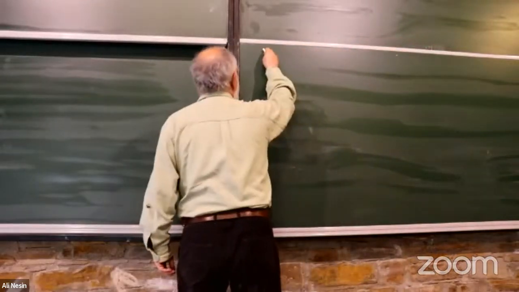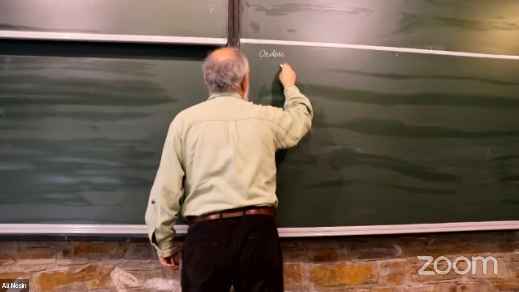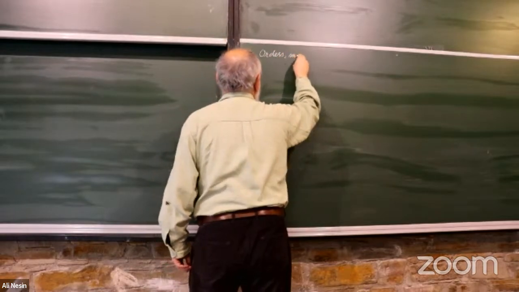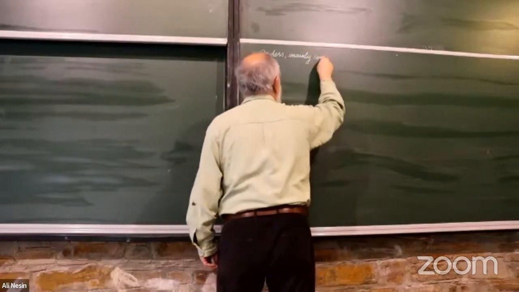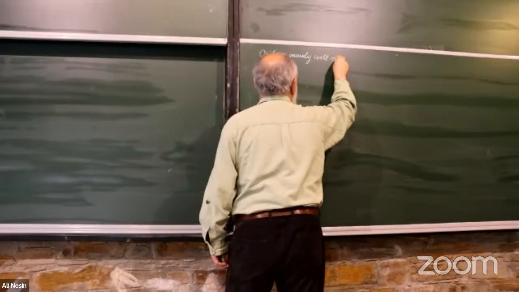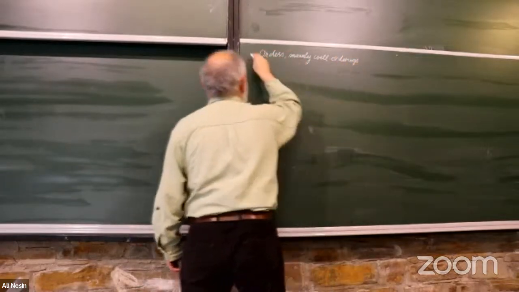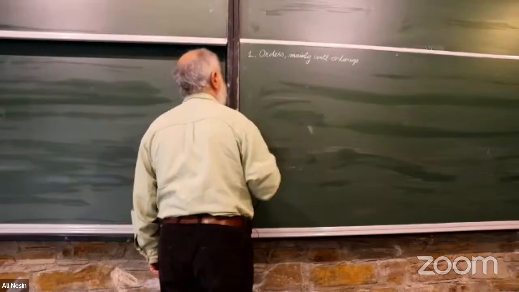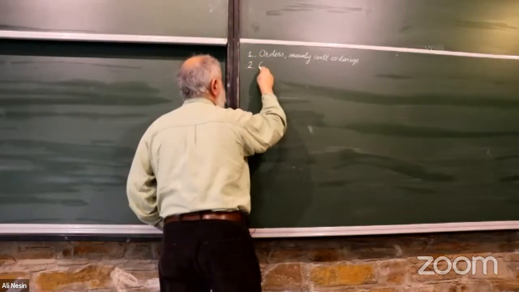First, I will talk about orders. Mainly well-orderings. This will be the first chapter. The second chapter will be about ordinals.